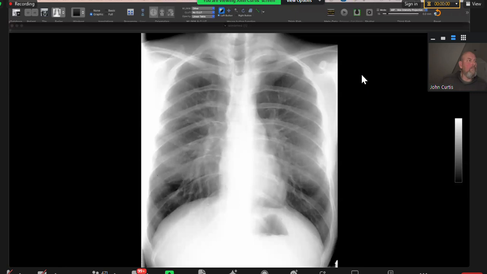So this is likely a case of coarctation of the aorta, and I would like to compare it with the previous imaging, and we would go for CT angio or MRA.